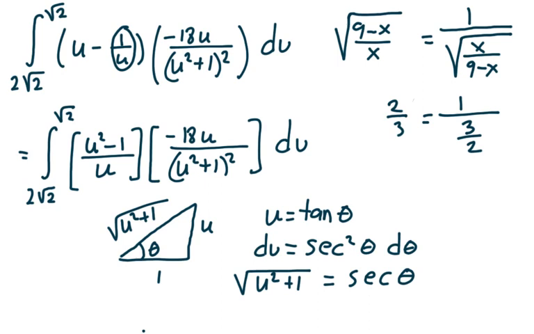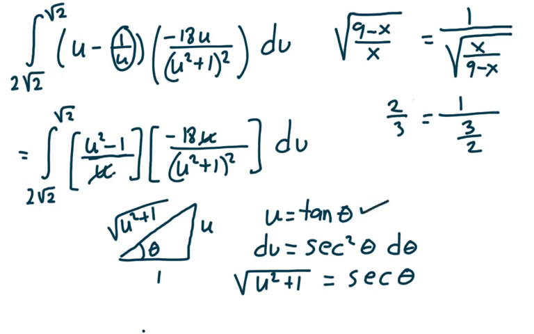Now, if I get a common denominator, this is the integral from 2 root 2 to root 2 of u squared minus 1 divided by u times negative 18u over u squared plus 1 squared du. Okay, the u's cancel, right? Here, let me put the u here, and I'm going to cancel the u's, and I'm going to draw my triangle, and I'm going to do a trigonometric substitution.